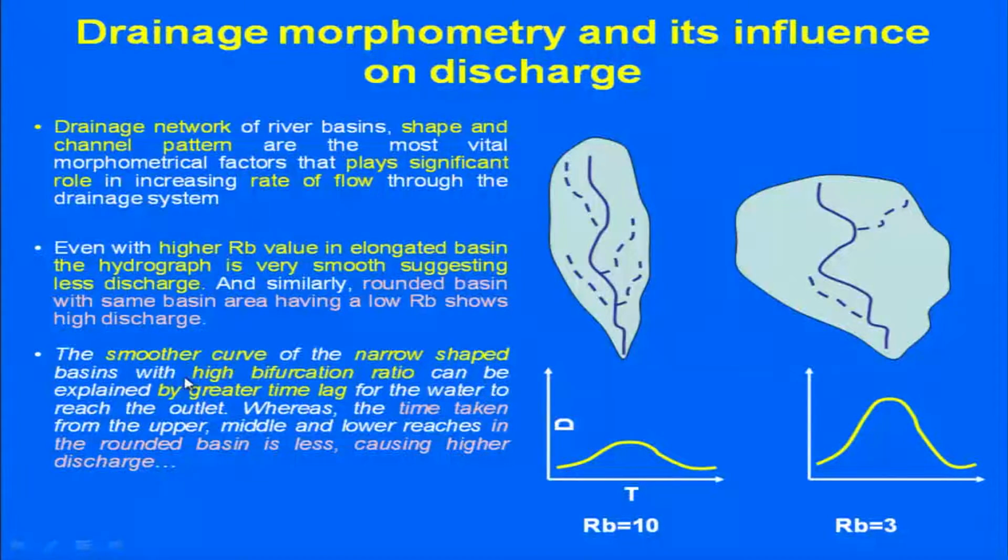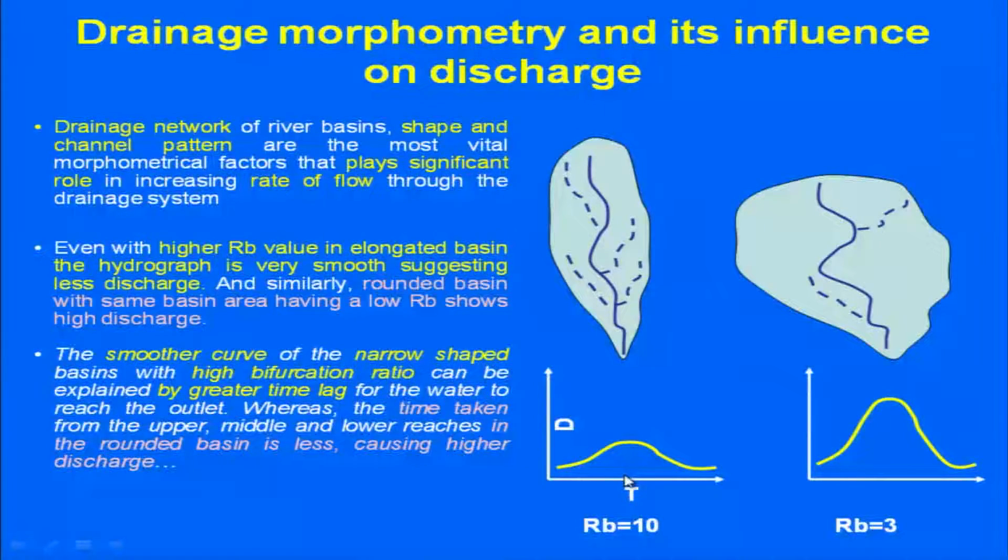So the smoother curve over here and the narrow basin with higher bifurcation ratio can be explained by greater time lag.